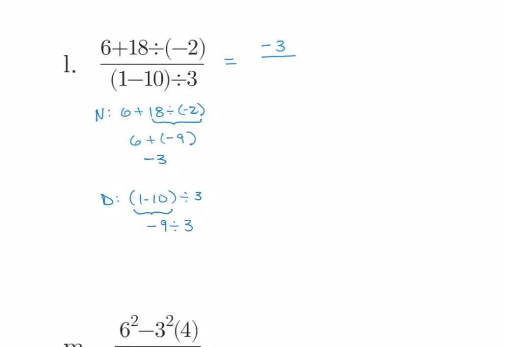And if we divide by 3, we get negative 3. So our denominator is negative 3. And now if we bring this together, we get negative 3 divided by negative 3. 3 divided by 3 is 1. Our negatives cancel, and so our final answer is positive 1.